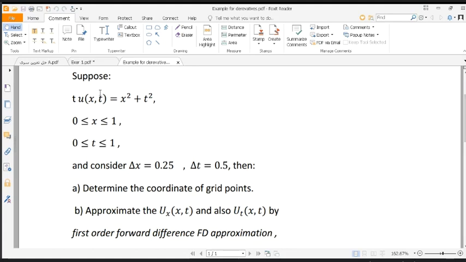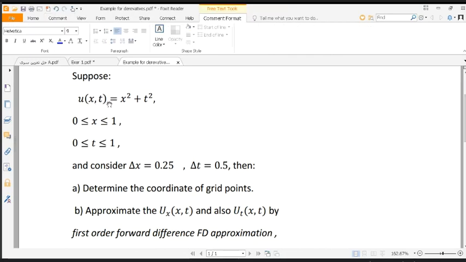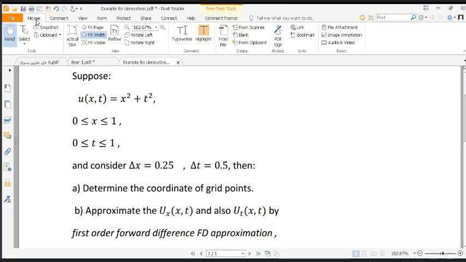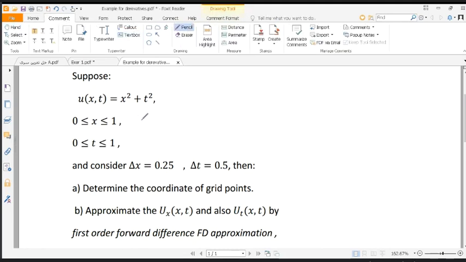Suppose this is the exercise for this time. Suppose that u(x,t) equals x squared plus t squared. x is in the interval 0 to 1, and t is in the interval 0 to 1.